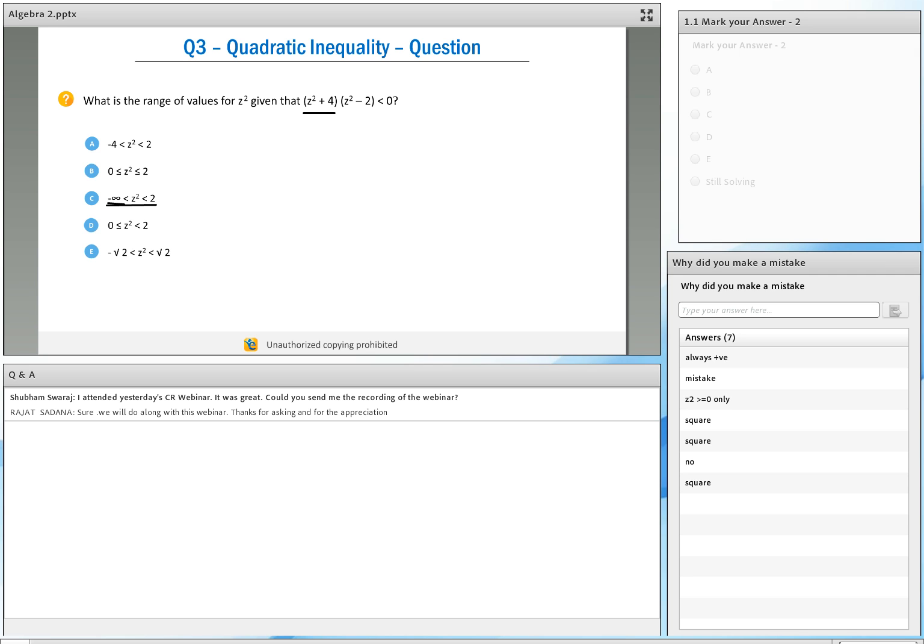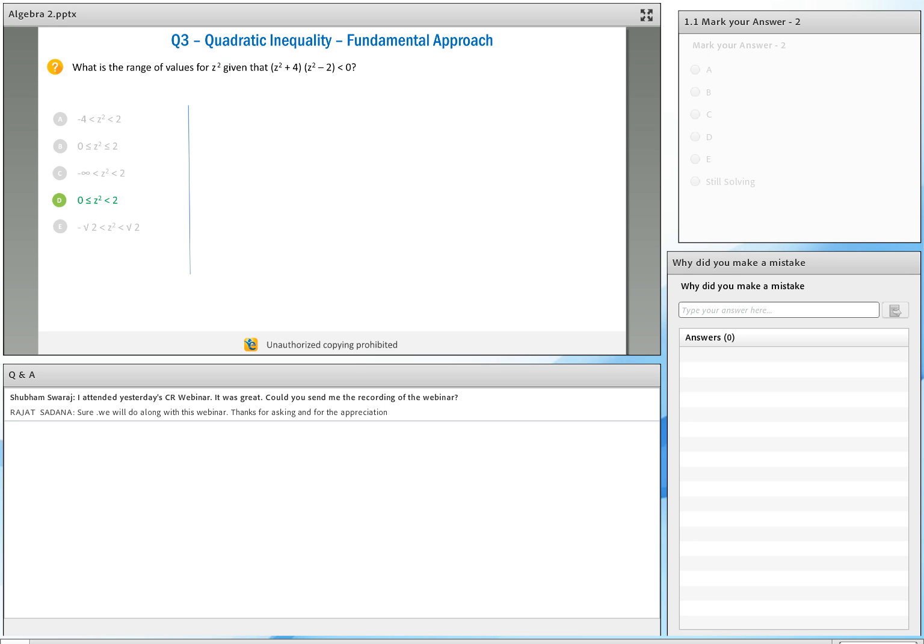Okay. So, the question asks, what's the range of values of z square given the product of two numbers? One is z square plus 4 and the other is z square minus 2. And what's given to us is that the product of these two numbers has to be negative. Now, what do we know? We have to solve this inequality, and we know that z square plus 4 is always greater than 0.